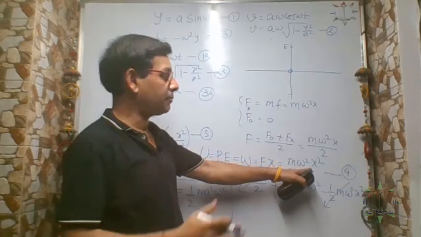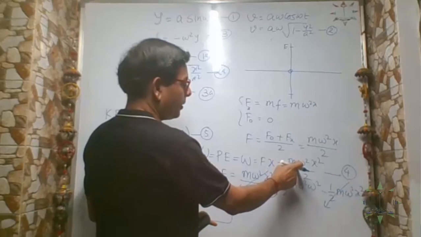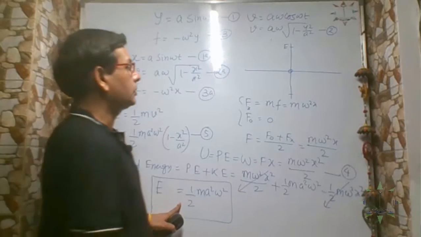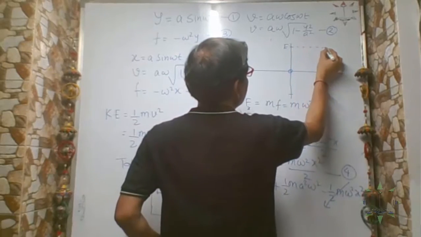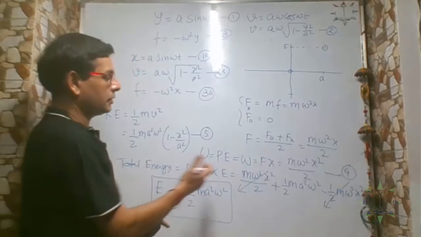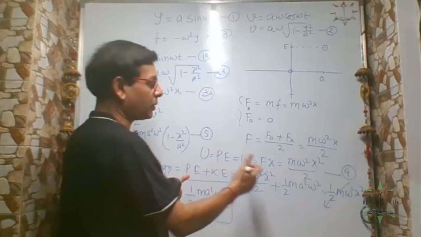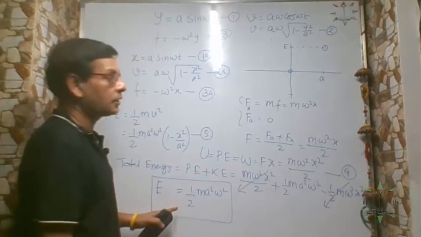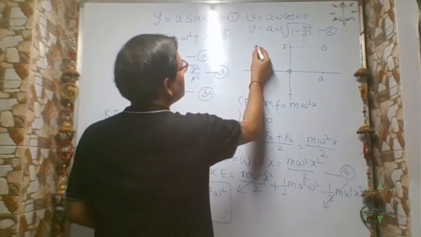When x equals plus a, towards this end, U is half m omega square a square, the total energy. So at position a, the potential energy is maximum. At the other side, when x is minus a, minus a square is also a square, so U is again half m omega square a square, the total energy.